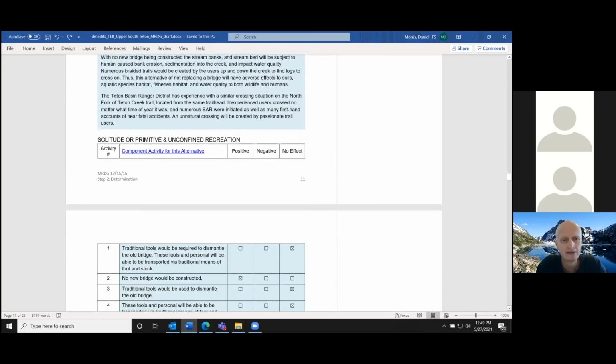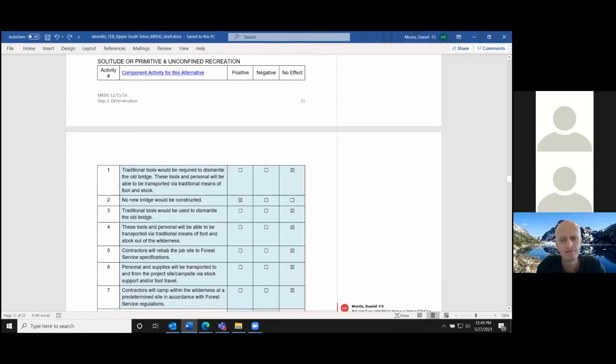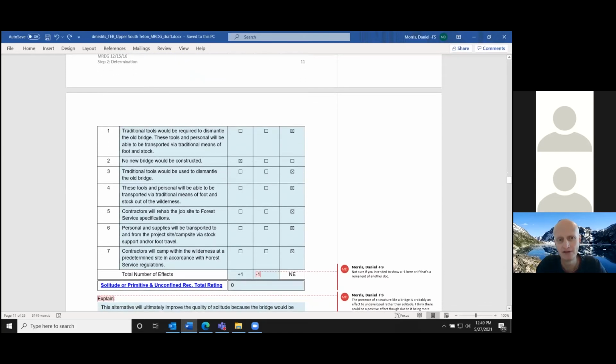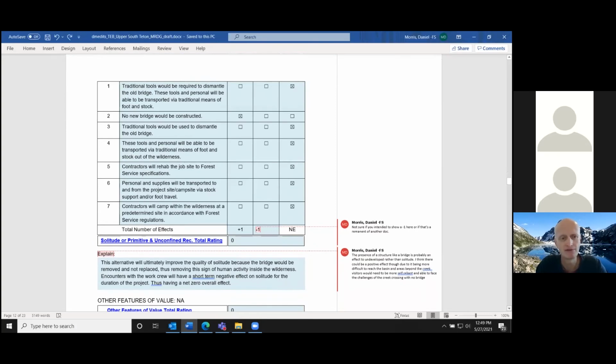Okay, solitude or primitive and unconfined recreation. So they put that positive effect of removing the bridge in here. So this is kind of a common thing we have to think about.